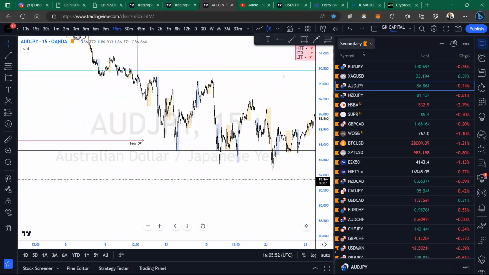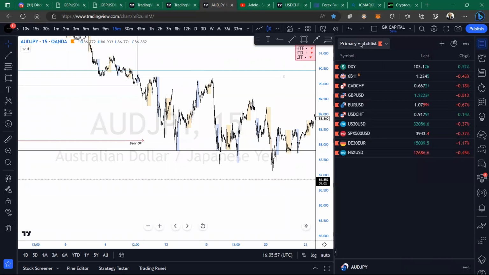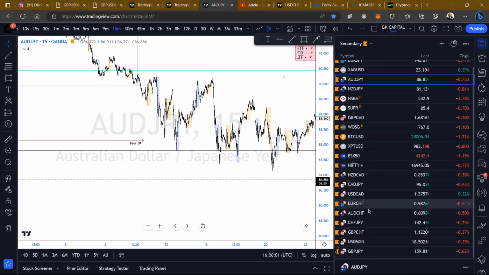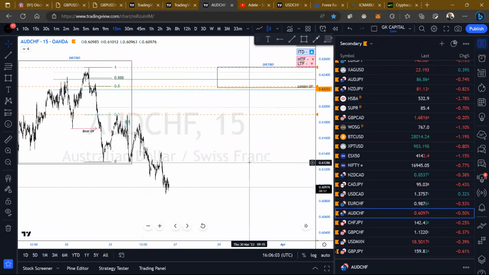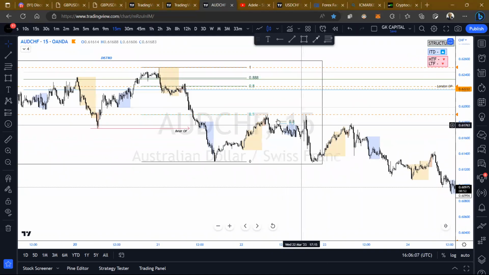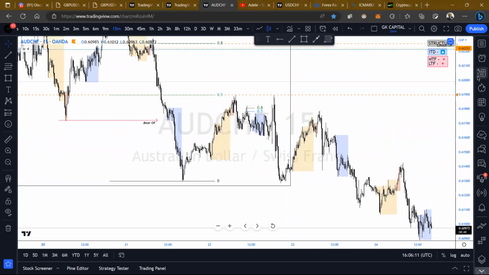Let me have a look at USDCHF. I think, yeah, USDCHF had also a very similar price action I was looking at, but this would have been it.